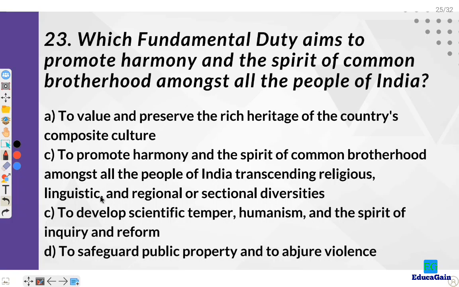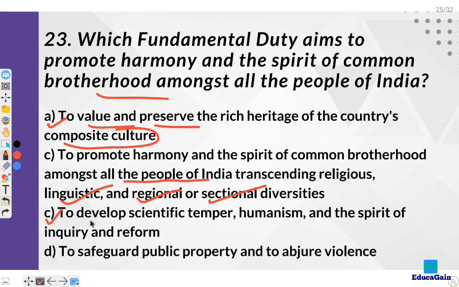Okay. Next question is, which fundamental duty aims to promote harmony and the spirit of common brotherhood amongst the people of India? A saying to value and preserve the rich heritage of the country's composite culture. B saying to promote harmony and the spirit of common brotherhood amongst all the people of India, transcending religious, linguistic, regional and sectional diversity.